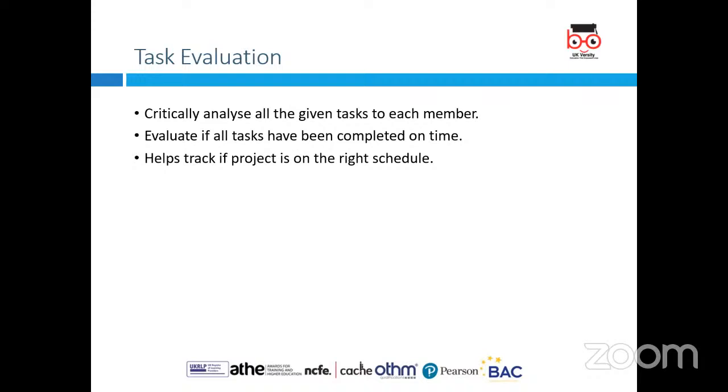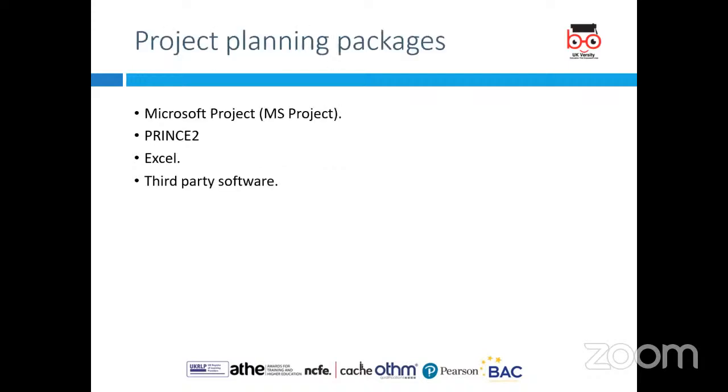And lastly, we have task evaluation, where we critically analyze all the given tasks of each member. We evaluate the performance and see if the member has been meeting his targets.